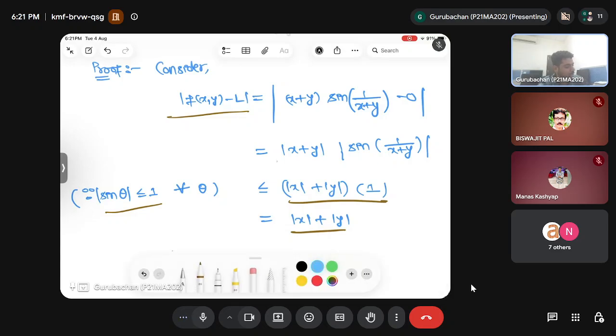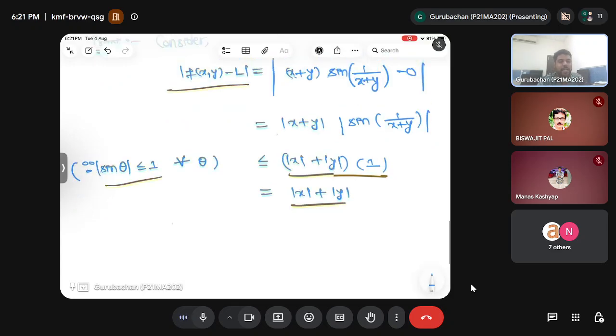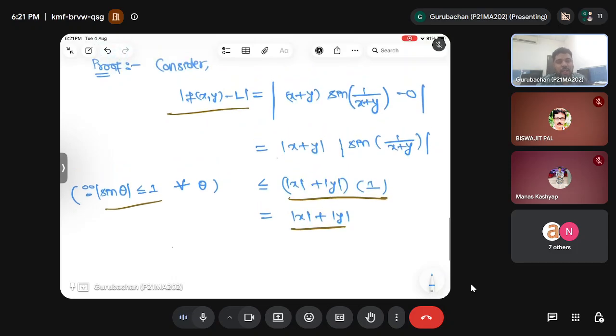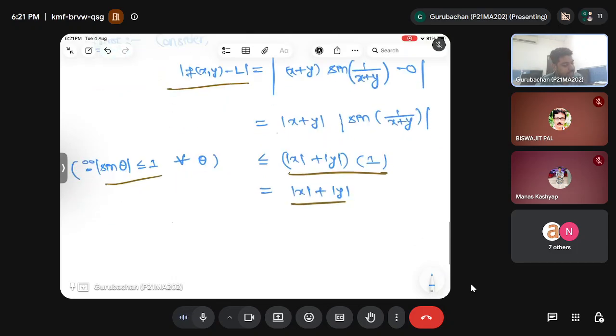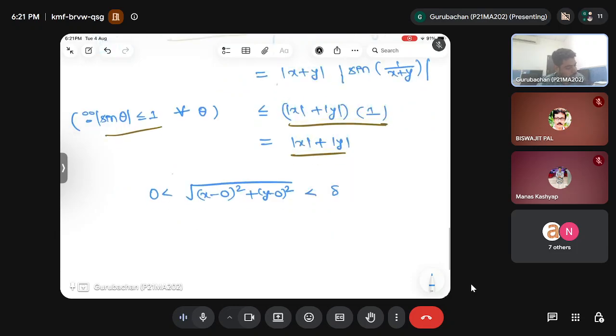Now we know that our delta should lie in the deleted neighborhood. What is the deleted neighborhood in this case? It will be 0 less than (x minus 0) whole squared plus (y minus 0) whole squared less than delta. So it can be written as 0 less than under root x square plus y square less than delta.